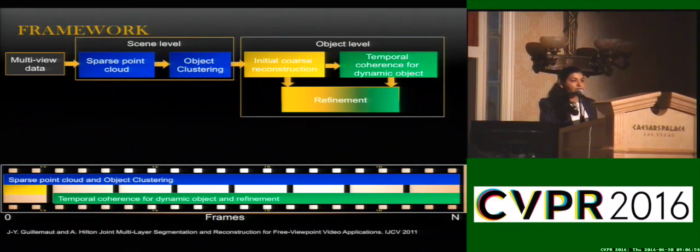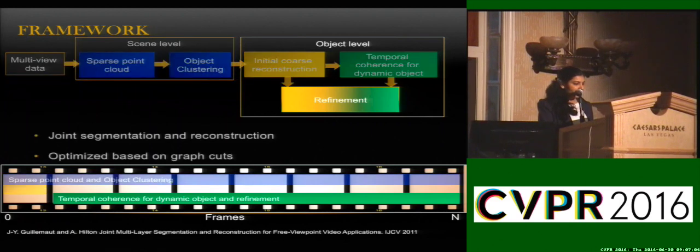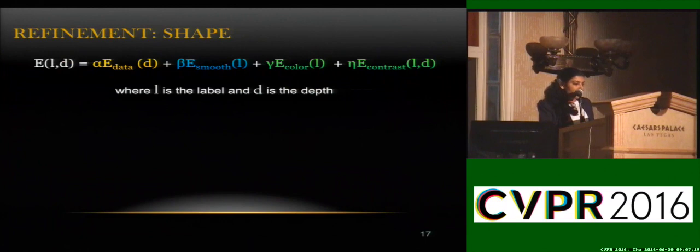As explained before, we are reconstruction for the first frame, and for the Guillemot et al. proposed a joint refinement and we use this concept in our framework, and we formulate the computation of depth at each point, where L is the label and D is the depth.